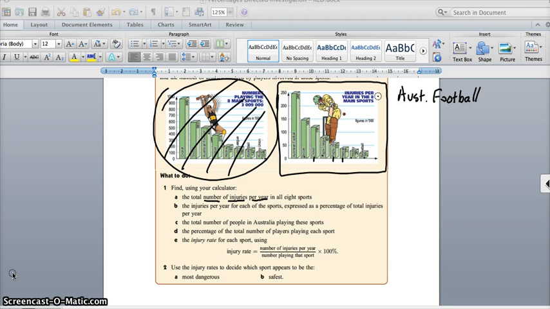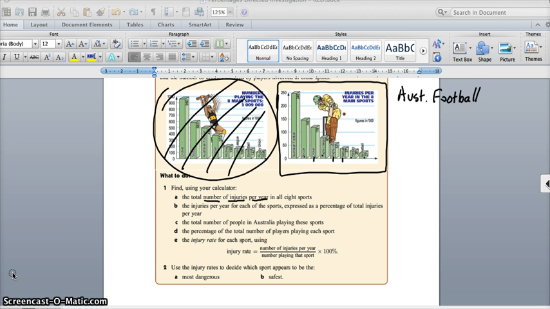Let's have a look up here. Is there anything there that tells us that there may be more than 246? What would we call that bit there? It's telling you how much injuries and all that.